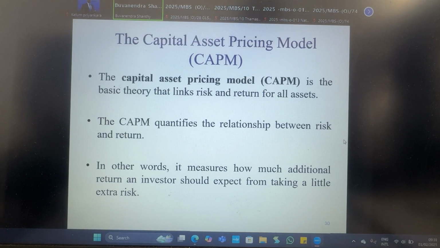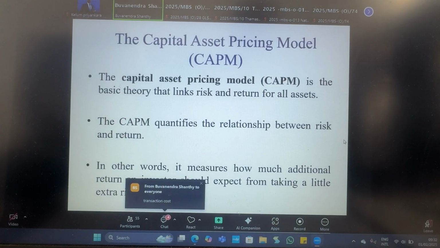Coming to the other assumption, in the financial market there is no transaction cost. Transaction cost means that when you issue bonds or equities in the market, there must be an issuing cost, but in the 1960s that was a very small amount. So the model derivation assumes no transaction cost.